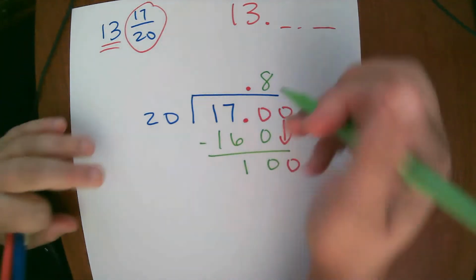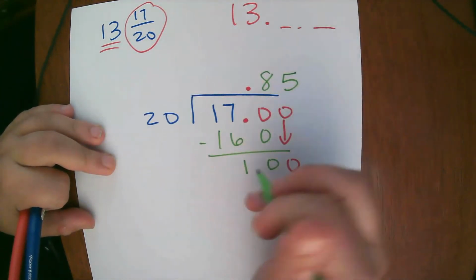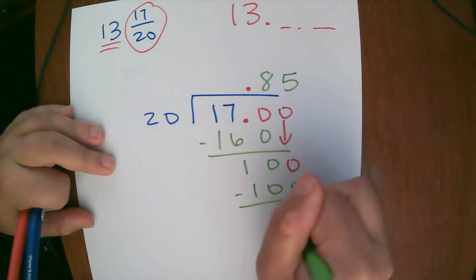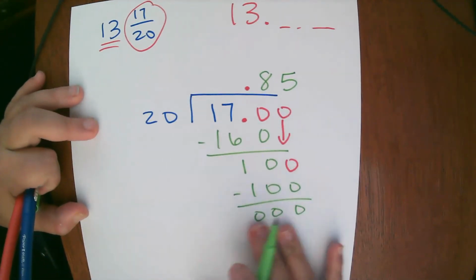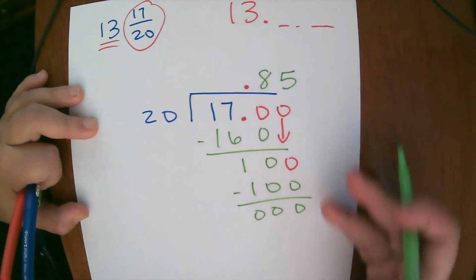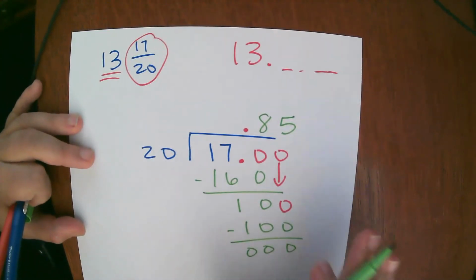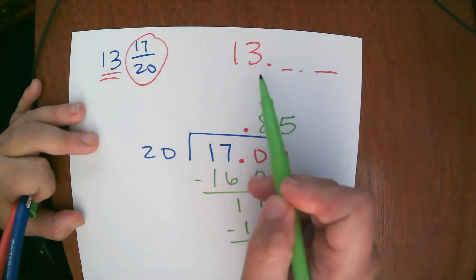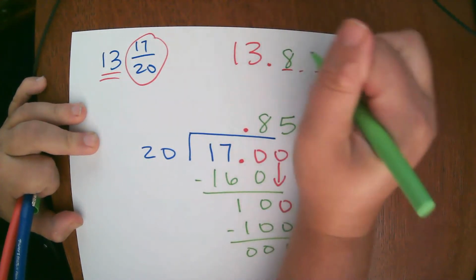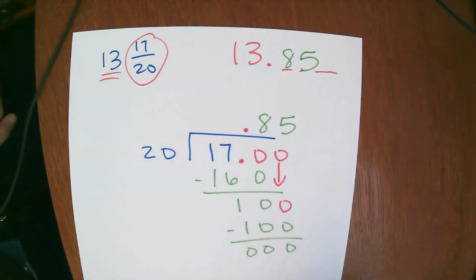So let's add one. Can 20 go into 100? Absolutely. 20 goes into 100 5 times. 20 times 5 is 100. Nothing left over. Okay, well, since there's nothing left over, I don't need to bring any more zeros down. We're good.